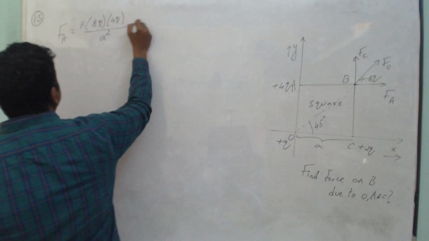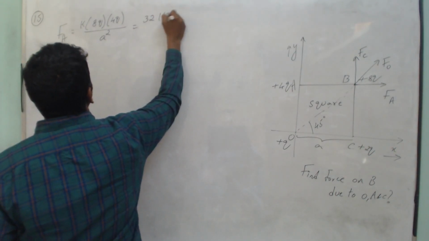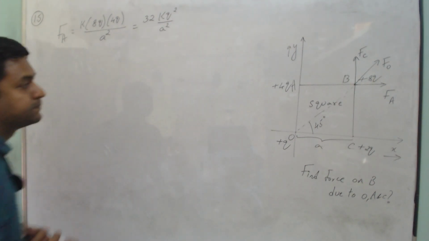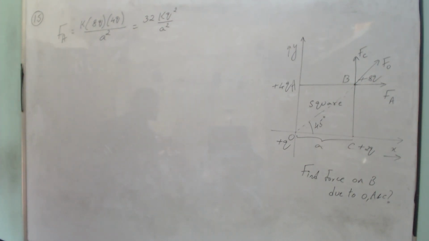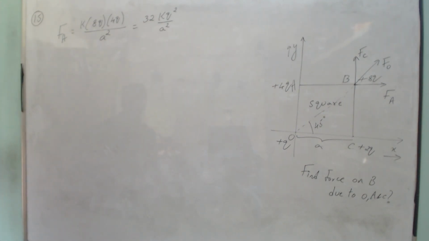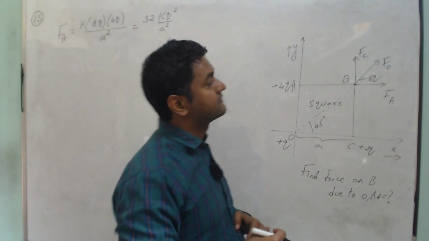So we can write this as 32 KQ square by A square. Okay, fine. I wrote 16 by mistake.